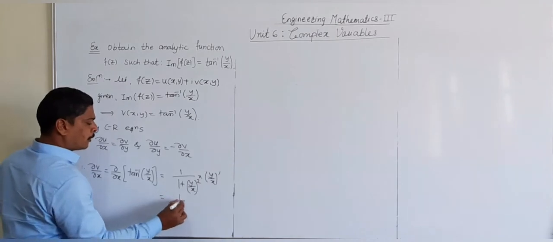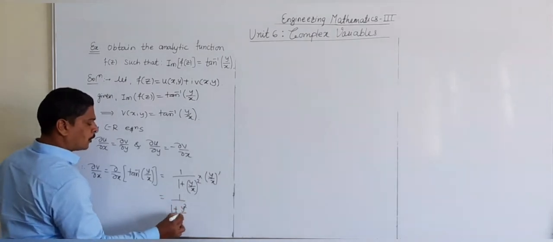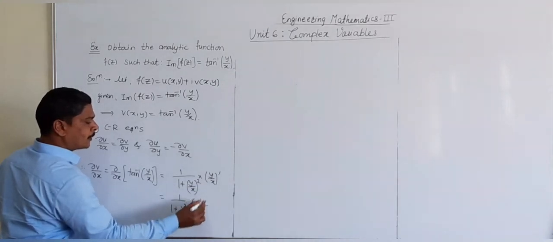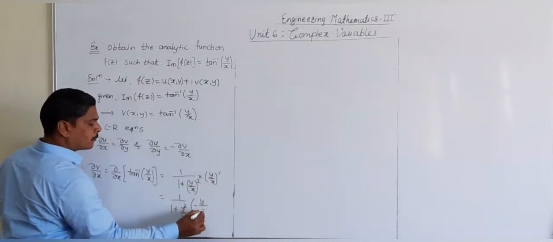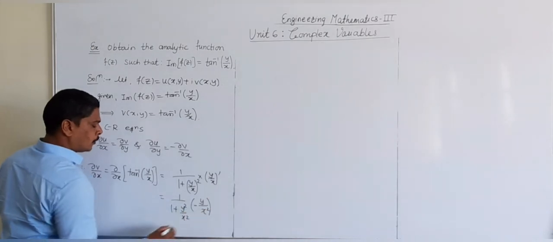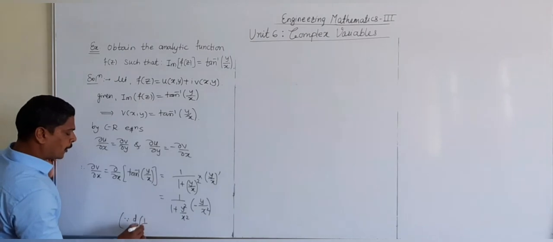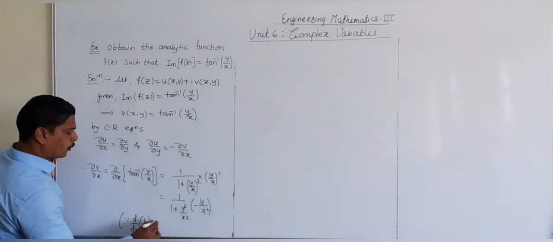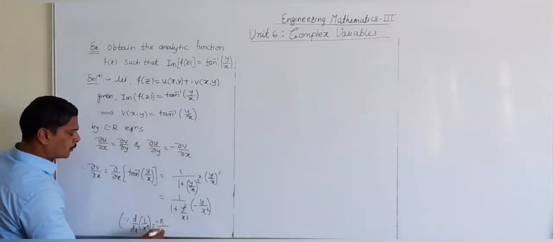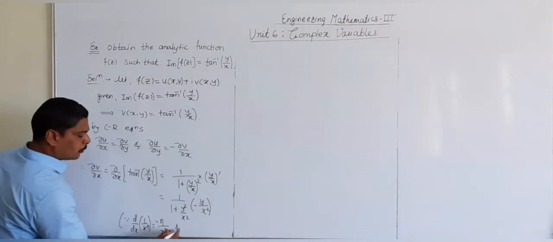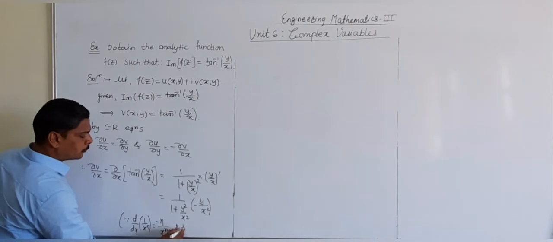So in that way we get 1 upon 1 plus y square upon x square into the derivative of y upon x, y is constant as it is. The derivative of 1 upon x is minus 1 upon x square. Okay, since d/dx of (1 upon x) raised to n is equal to minus n upon x raised to n plus 1.